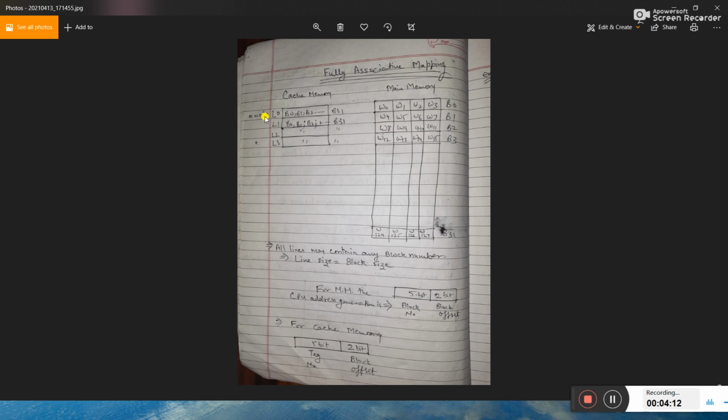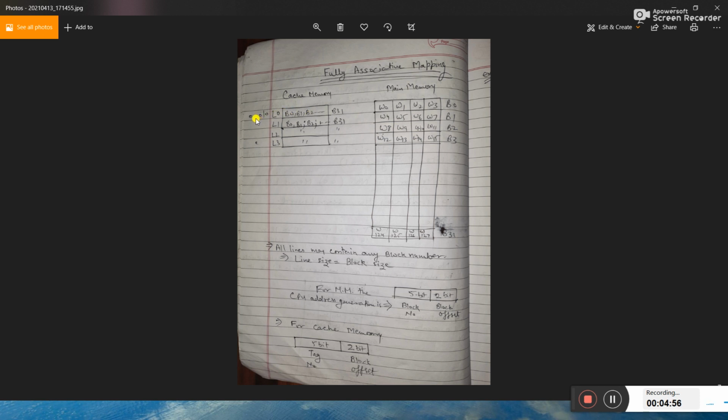For example, if it is 0010, my tag is 0010, so 0010 can be accessed. My tag number is defined in the memory management unit. So I can define that there is a 0010, which block is possible here, and 0010 means it is block number 2, so any of the words W8, W9, W10, W11 can be stored in this cache line.